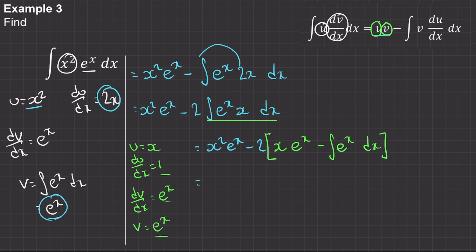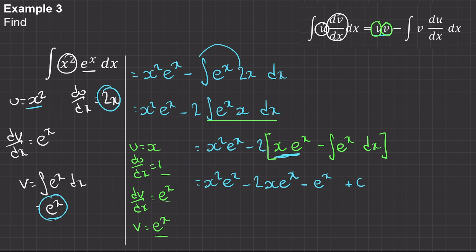So again, we have x squared e to the x minus 2. And then we'll have a little blue bit under here, x e to the x. And then when we integrate e to the x, we get e to the x. So minus e to the x plus the constant term.